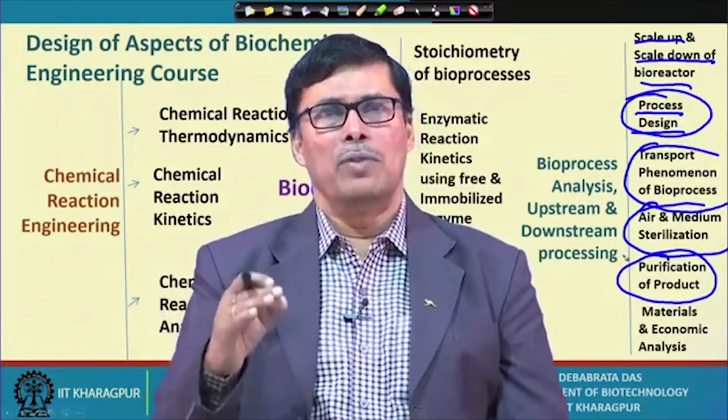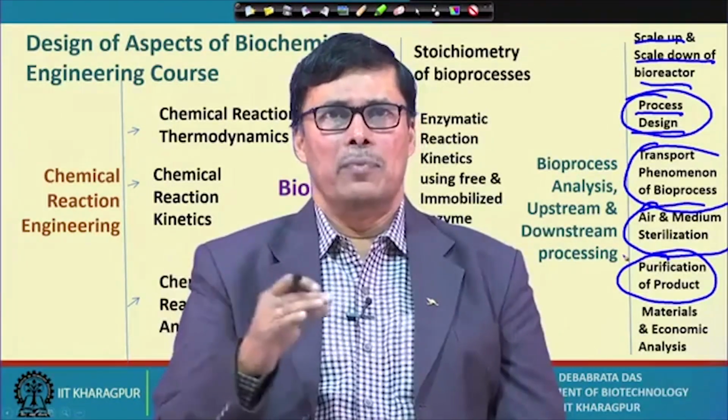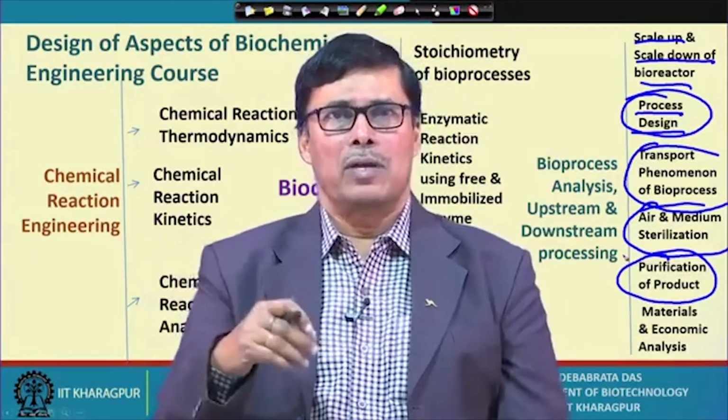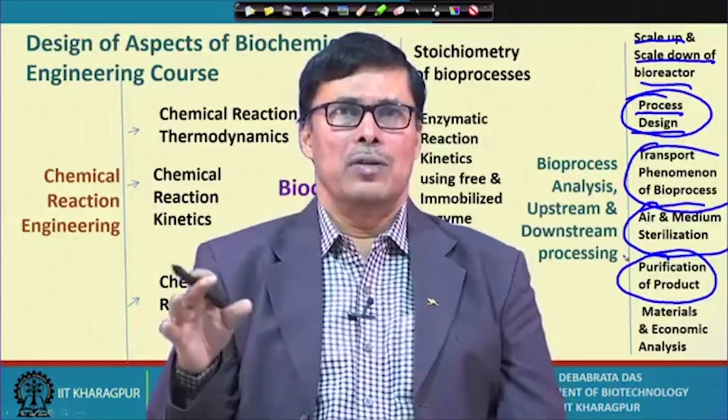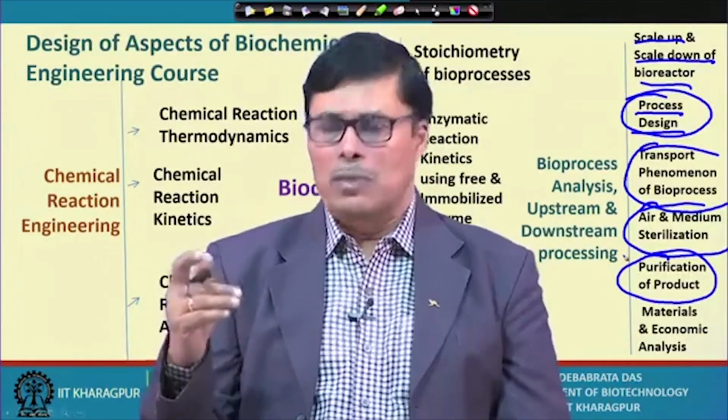So how this downstream processing can be operated: different filters, solid-liquid separation process, liquid extraction process, the crystallization process, the evaporation process, all we try to explain in this downstream processing.